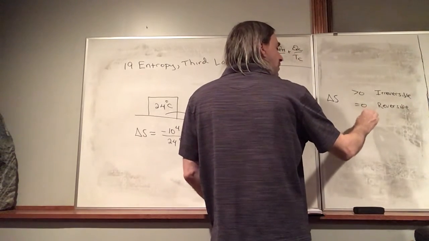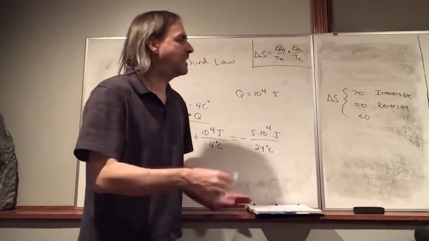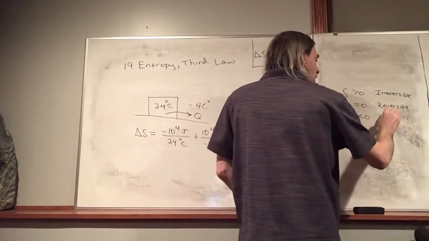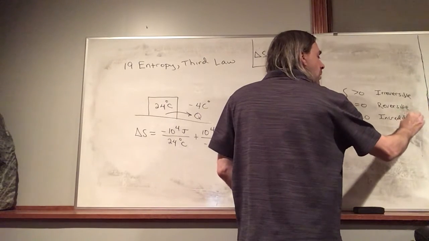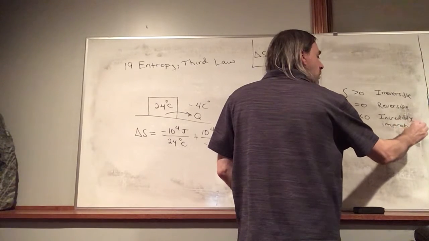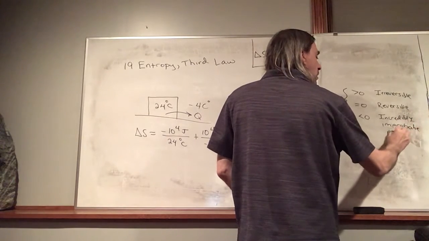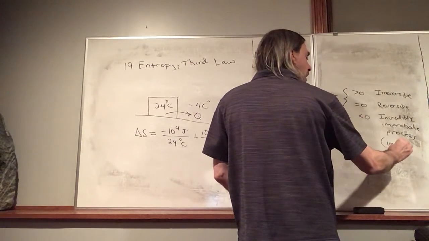And it's less than 0 for, let's just say, an incredibly improbable process, and in parentheses, impossible.